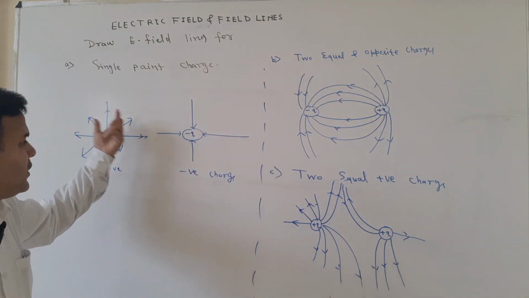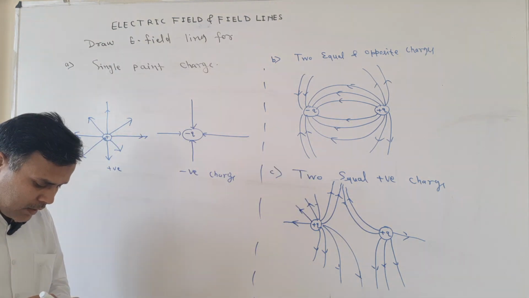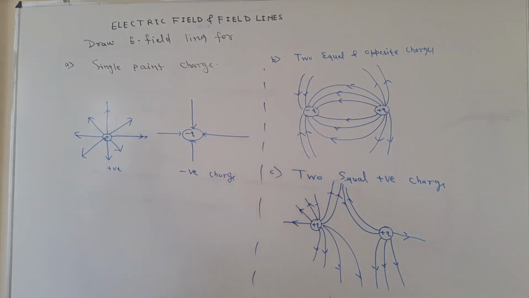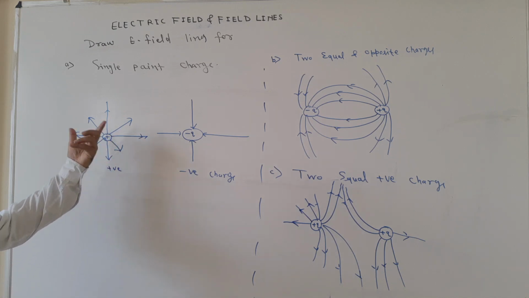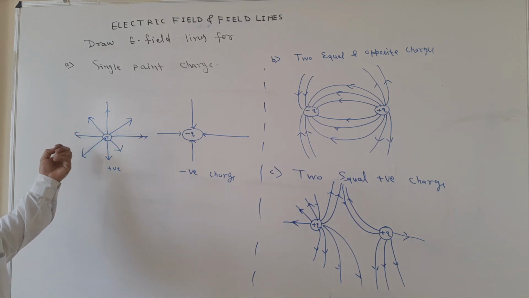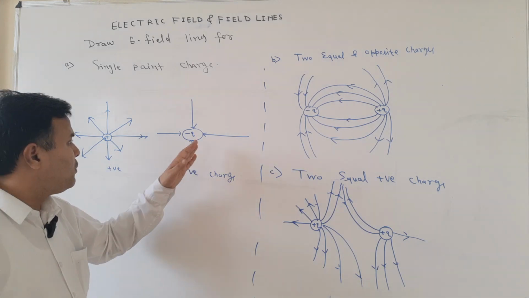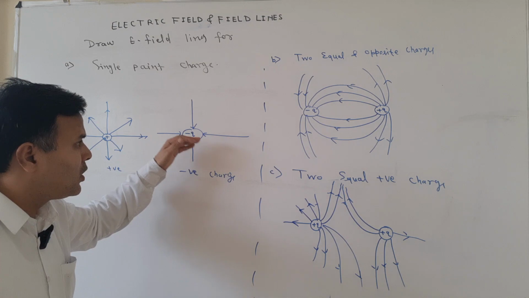So we have three different situations in which we have discussed how to draw the electric field lines. If we have a single point charge, then the electric field lines follow this profile, coming out of the charge, and if you have a negative single point charge, then electric field lines come towards the charge.